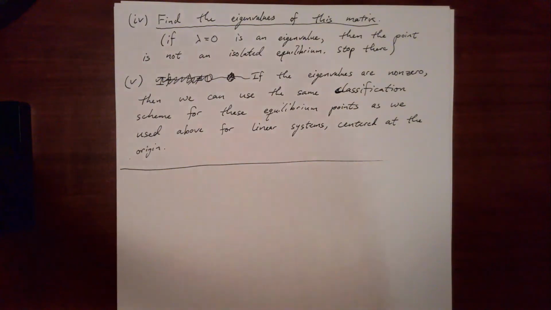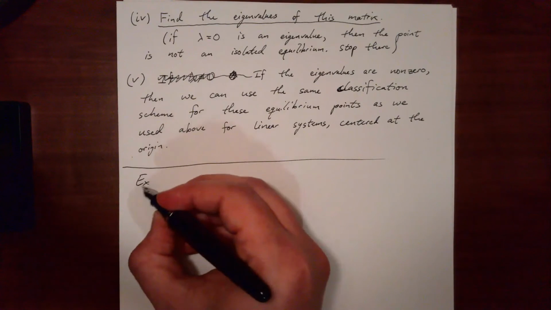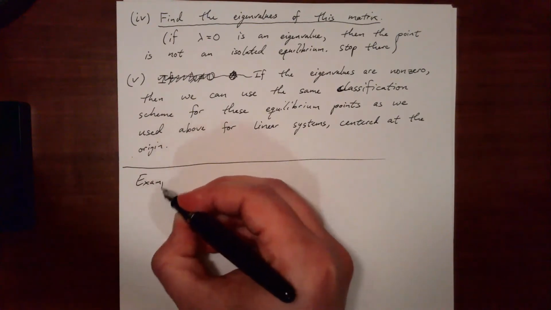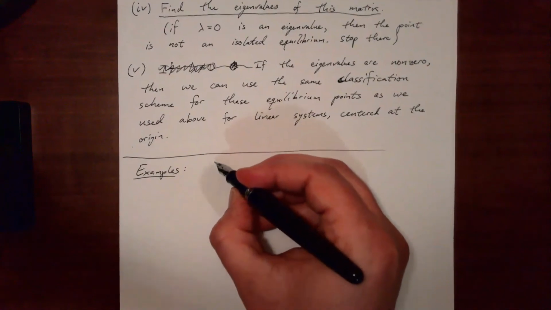Let's actually try this out. So let's give this a go. We'll go example by example. We'll find their equilibria, and then we will classify those equilibrium points. So examples. Here are the instructions.